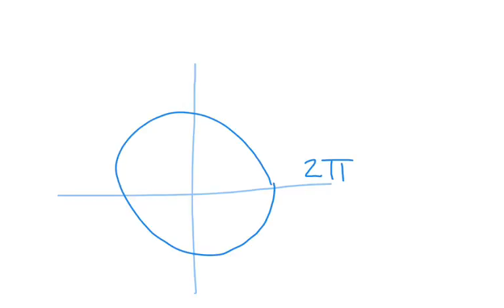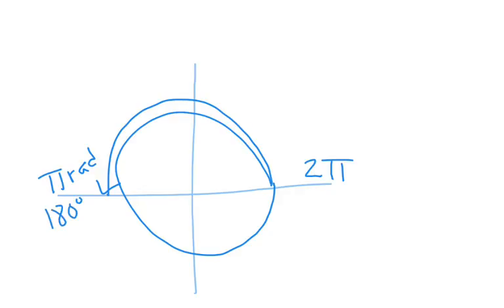Now that we know there are 2 pi radians in one complete circle, if we only went halfway around the circle, we would have pi radians, or 180 degrees. If we only went a quarter of the way around the circle, that would be half of pi, or pi over 2 radians.